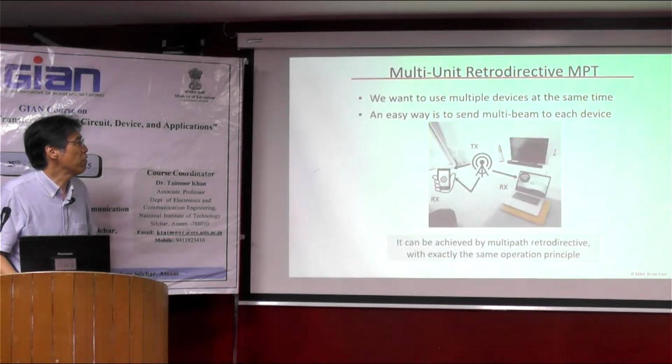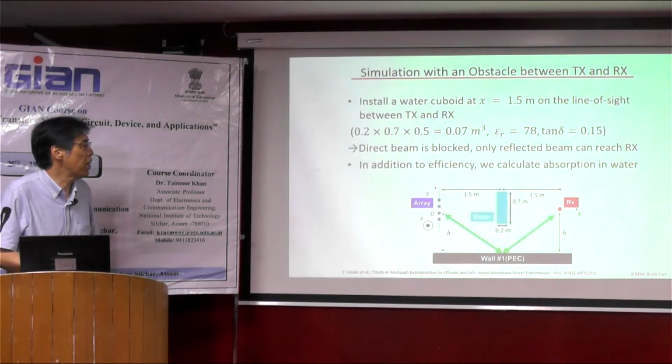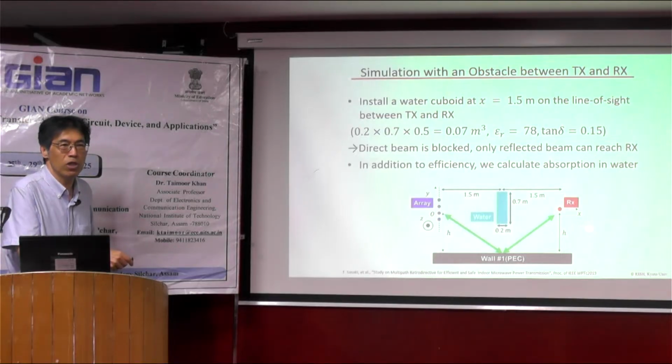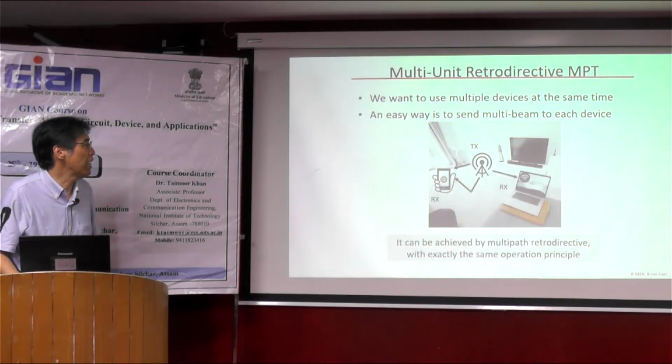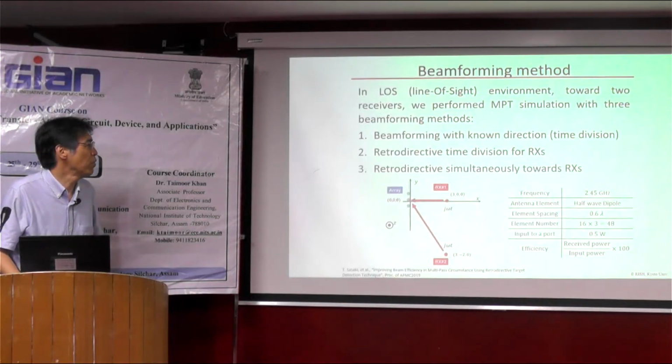And we expand to the multi-unit retrodirective system. This technology has only one pilot signal source and multipath. But next, we apply the multi-device retrodirective system. For example, we put two signal sources.